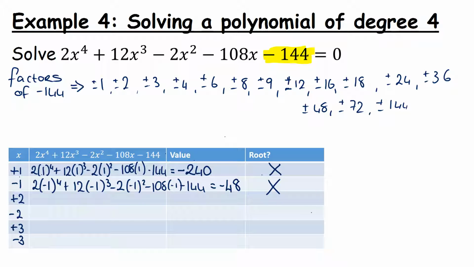So let's work with 2. We'll have 2 by 2 to the power of 4 plus 12 by 2 to the power of 3 minus 2 by 2 to the power of 2 minus 108 by 2 minus 144. And that evaluates to minus 240. So that is not the root. So let's work at -2.